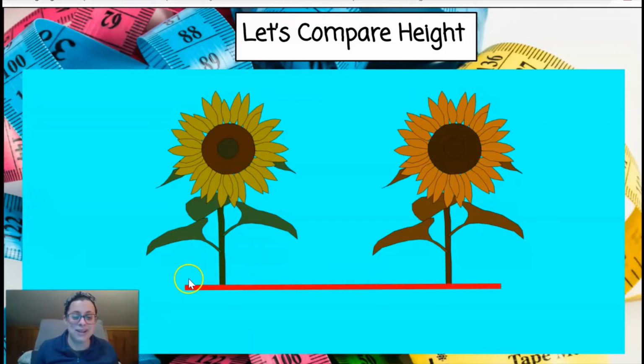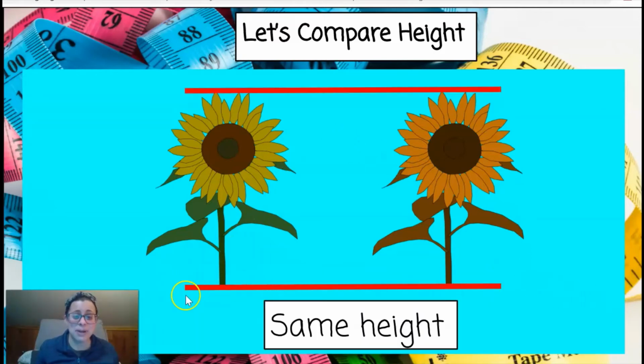If I put my endpoint down to measure up to make sure that they're in line with each other to help me compare the height, I notice that they're exactly the same height. I can put an endpoint down here, and I can also draw a line at the top where my height would be. This also is a great tool to help you know if something's the same height, something's taller than, or something's shorter than. These flowers are the same height.